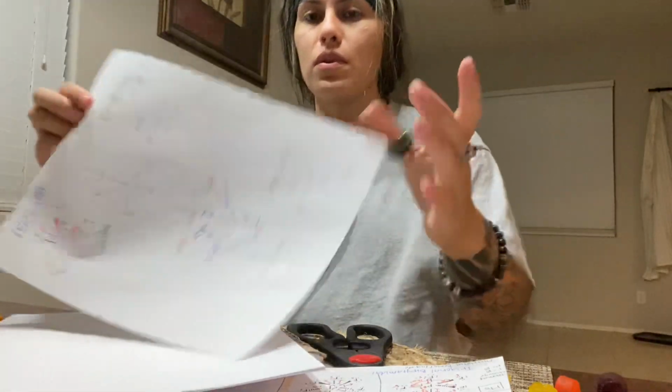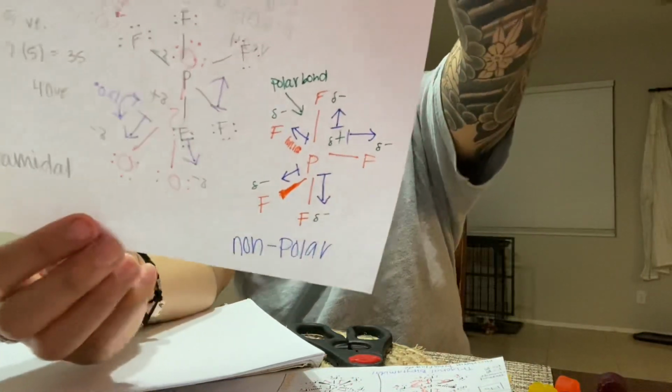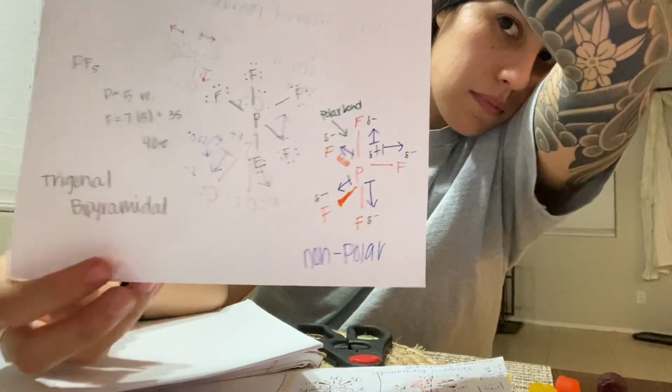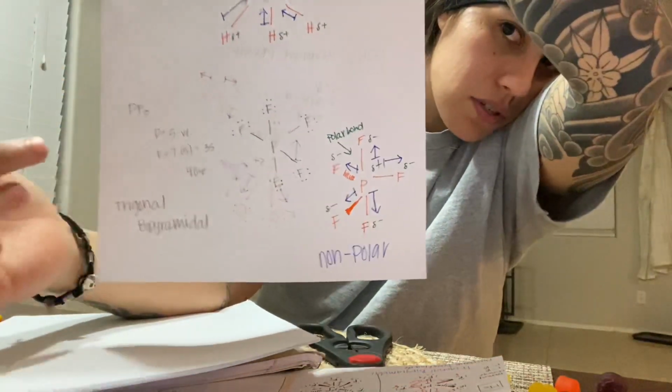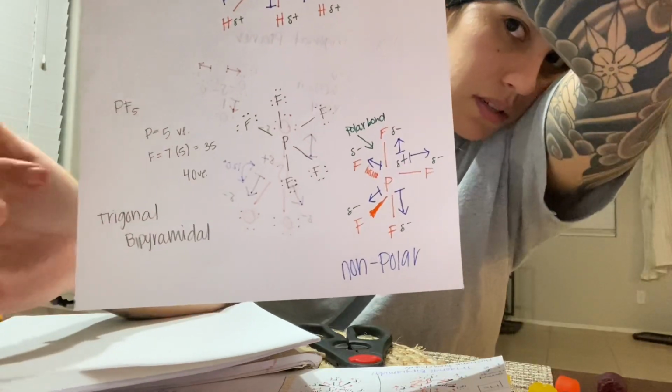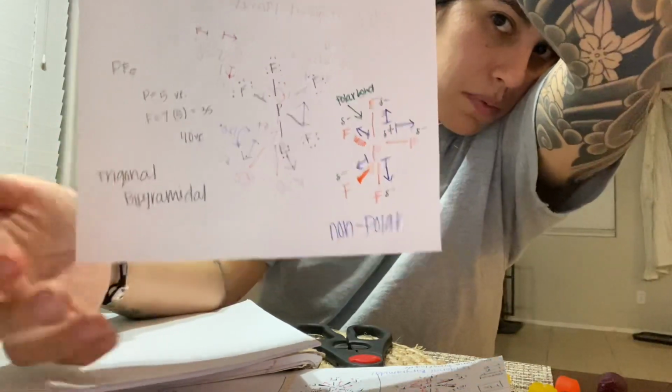And it is a non-polar bond. So this is what it looks like. And this is the Lewis structure, valence electrons, the name of the shape, and it is non-polar.